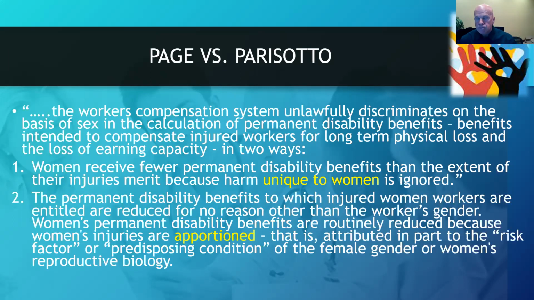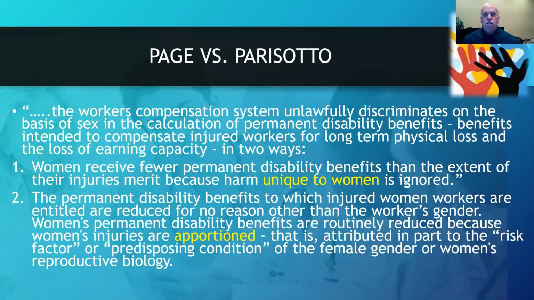The second is that those reduced benefits, to begin with, are further reduced for no reason other than the worker's gender. These permanent disability benefits are routinely reduced because women's injuries are apportioned. In other words, the percentage of the permanent impairment due to the industrial injury is reduced on the basis of bias or risk factors or predisposing conditions of the female gender and/or of women's reproductive biology.